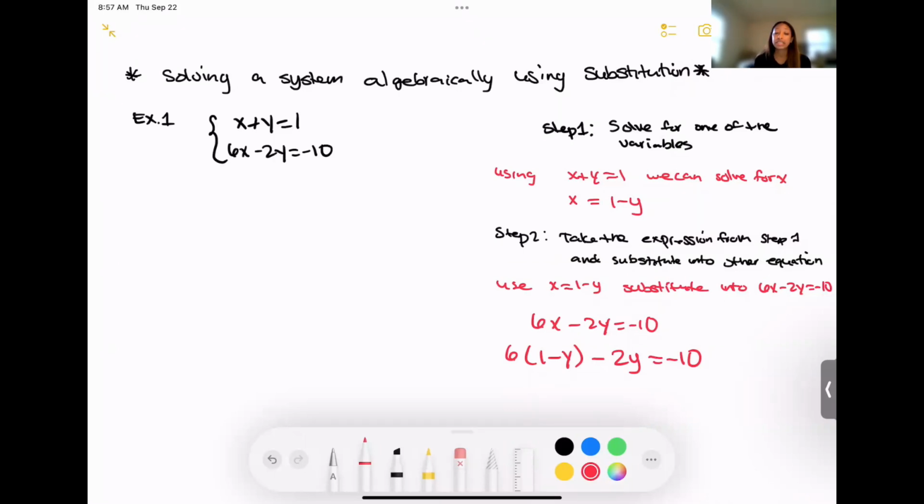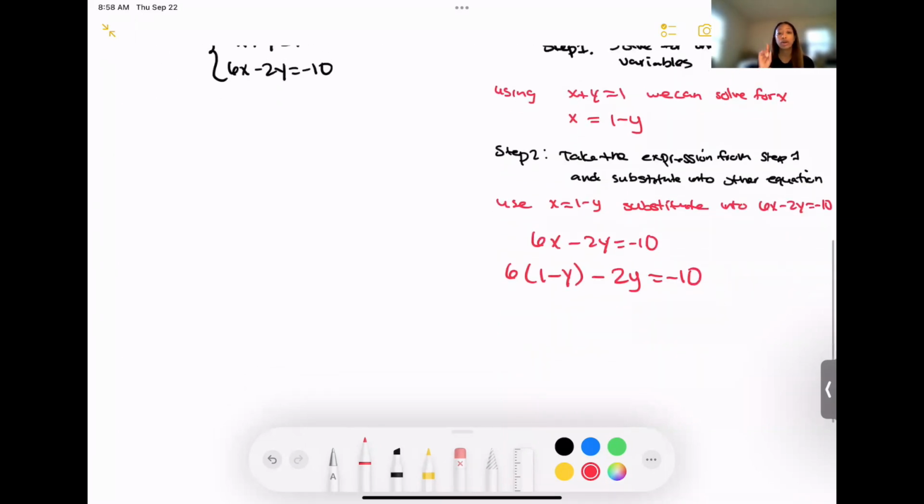But now when we make this substitution, if we replace the x with 1 minus y, we end up with an equation that only has one variable. Our equation now only has y's. This will allow us to solve for y. Okay, so that's step 3. Solve the equation that you get in step 2 for the remaining variable.